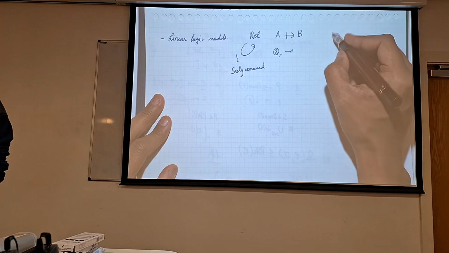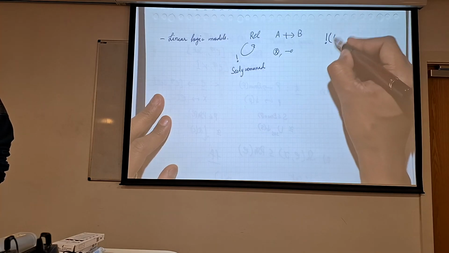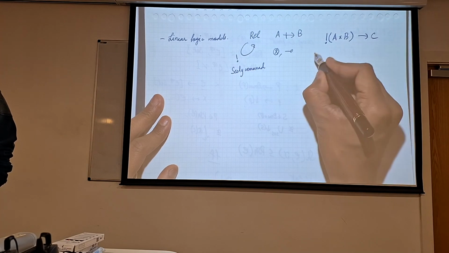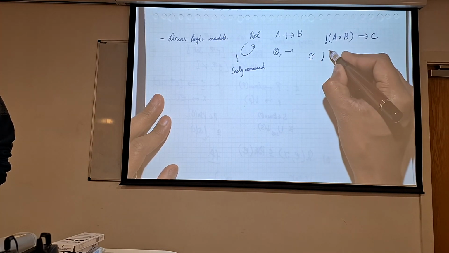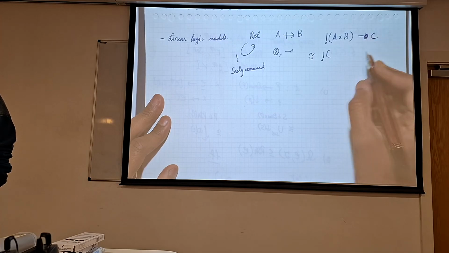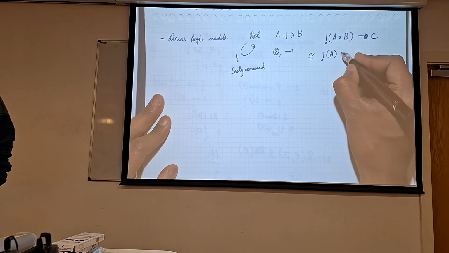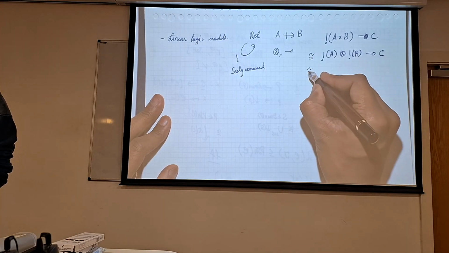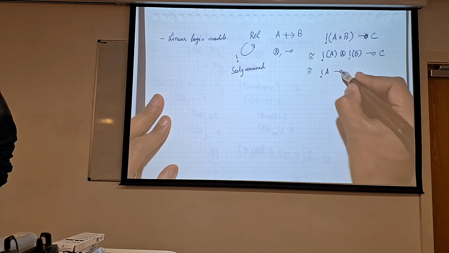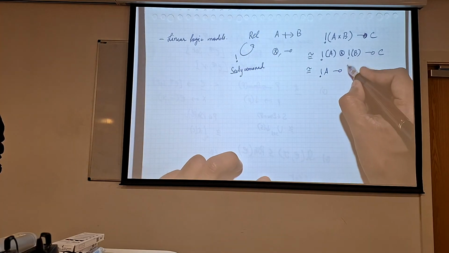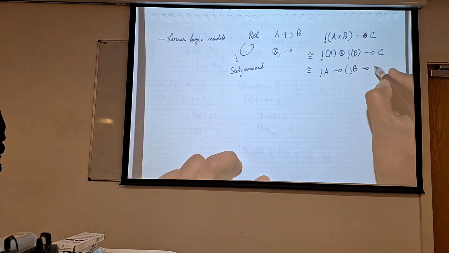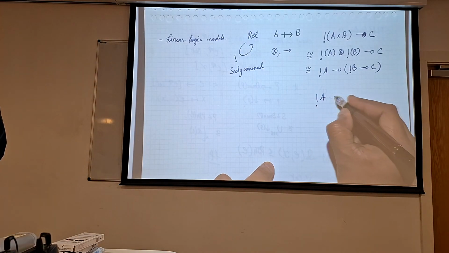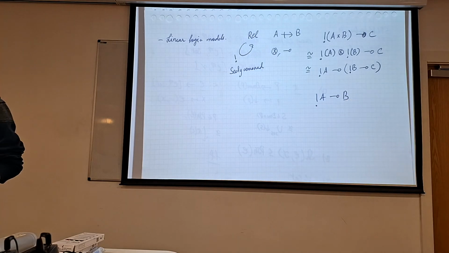So if you take maps in Rel like this, and this becomes, by the closure in Rel, you get things of this form, bang A lolly B, which are exactly your exponentials.